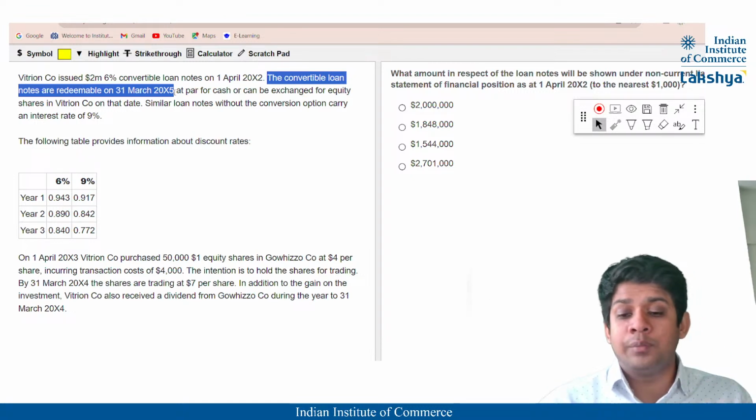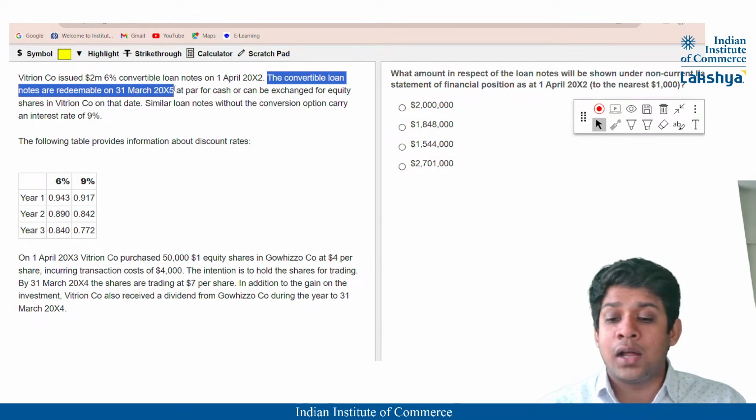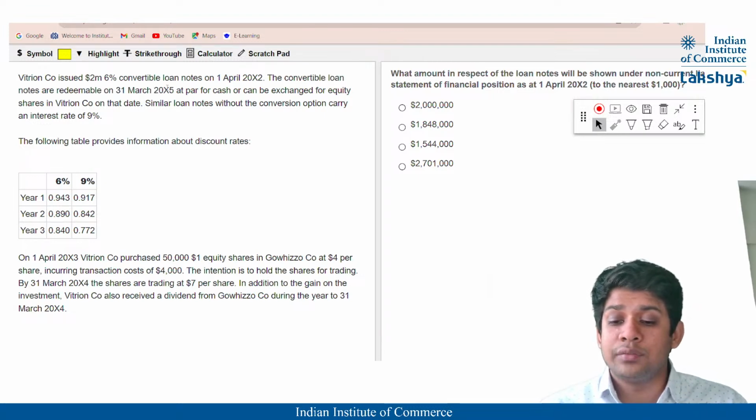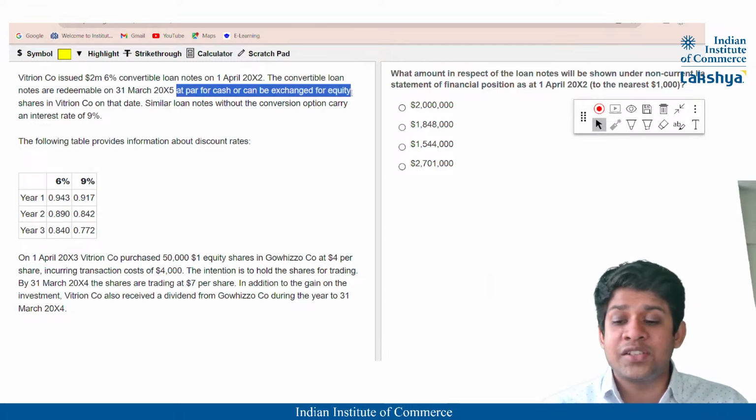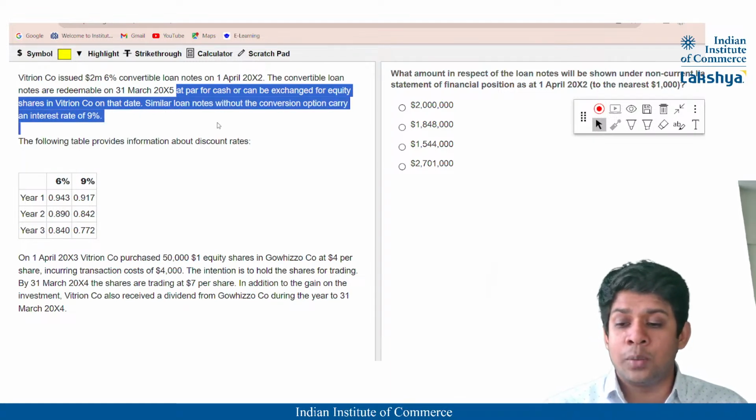That means 2013, 14 and 15. That means after 3 years, it is going to be redeemed. Okay. And it is going to be redeemed at par for cash or could be exchanged into equity shares of Withdrawn Company on that date. Similar loan notes without a conversion option carry an interest rate of 9%.